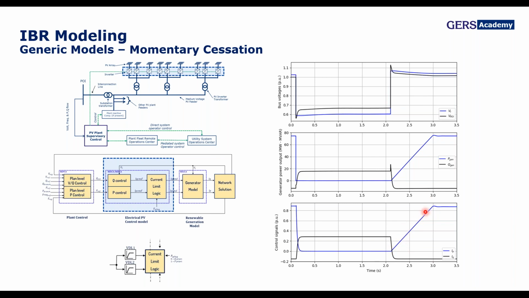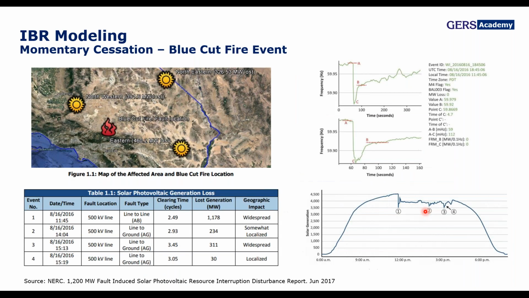The momentary cessation and undesired condition appeared in an event in 2017 and another in 2018, where some faults appeared on the system, caused by a fire, and the voltage just dropped near to 0.9 per unit, and all the solar inverters in the area decreased the power instantaneously.